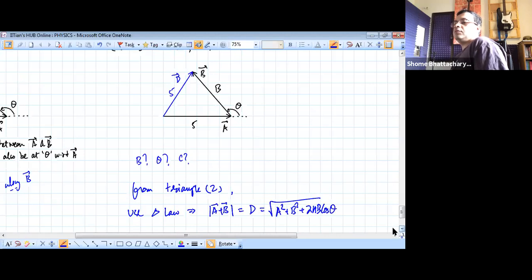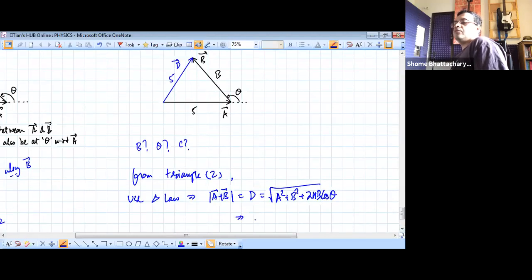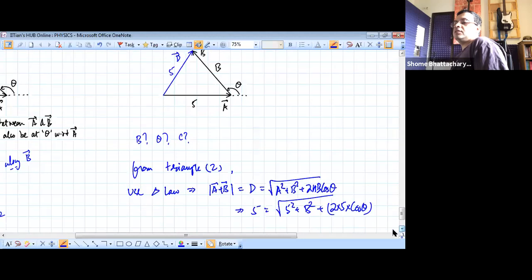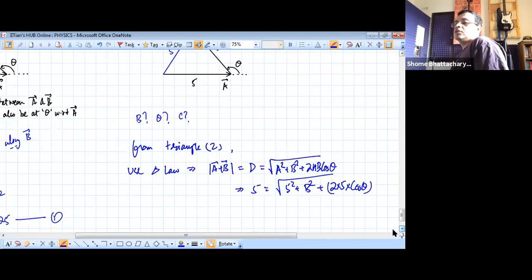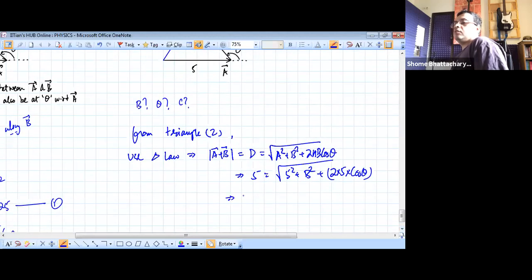So this is now telling me that 5 is equal to square root of 5 square plus b square plus 2 into 5 into cos theta. Or we can square both the sides. So squaring both the sides, we get 25 is equal to 25 plus b square plus 10b. This is ab, so there will be another b over here.